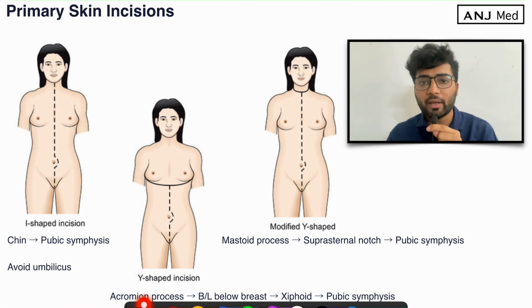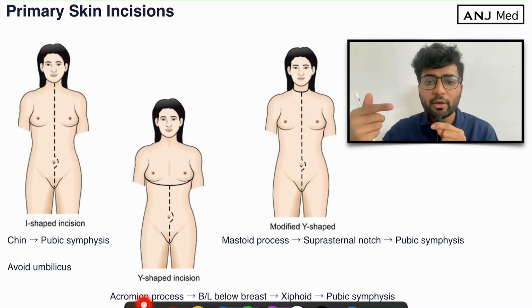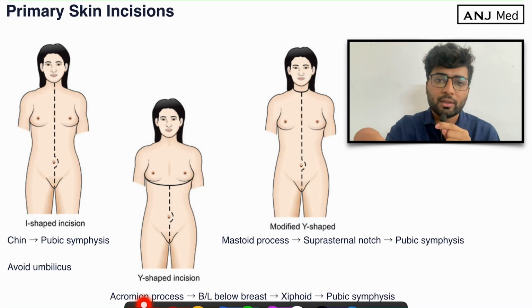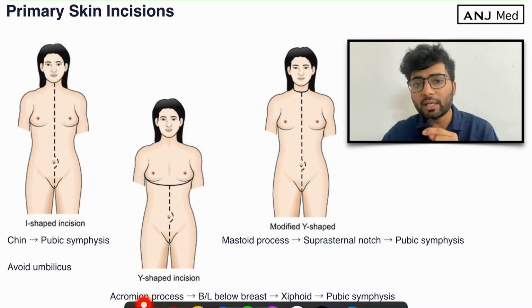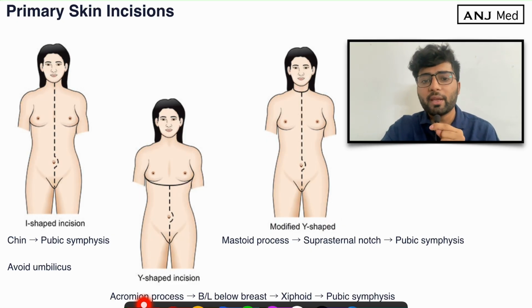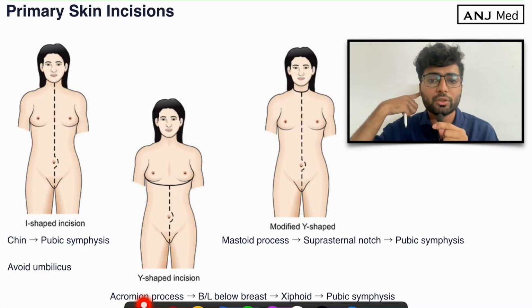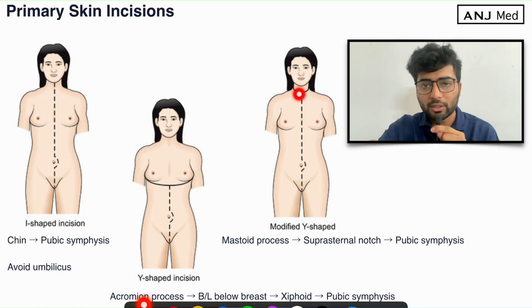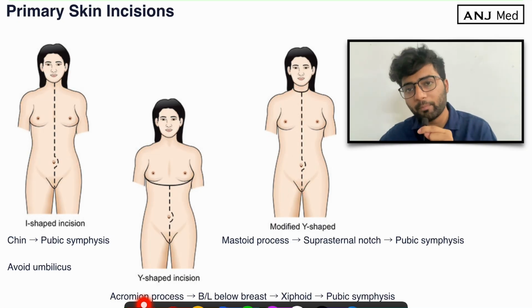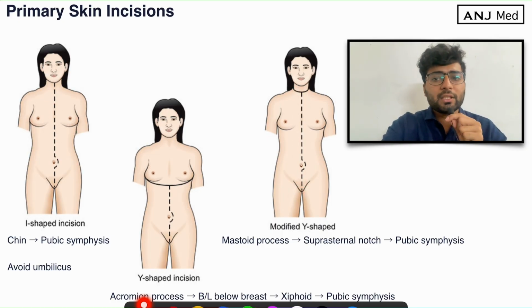Now the modified Y incision. As I told you in the previous example, there was a throttling case. Whenever there was a throttling case, there was some blood inside the neck, right? So if you want to examine the neck cavity in asphyxial death, we need this modified Y, where the incision is done from the mastoid process to the suprasternal notch. So from mastoid to suprasternal notch, and the bottom is all the same, right? So the I incision is the most common.